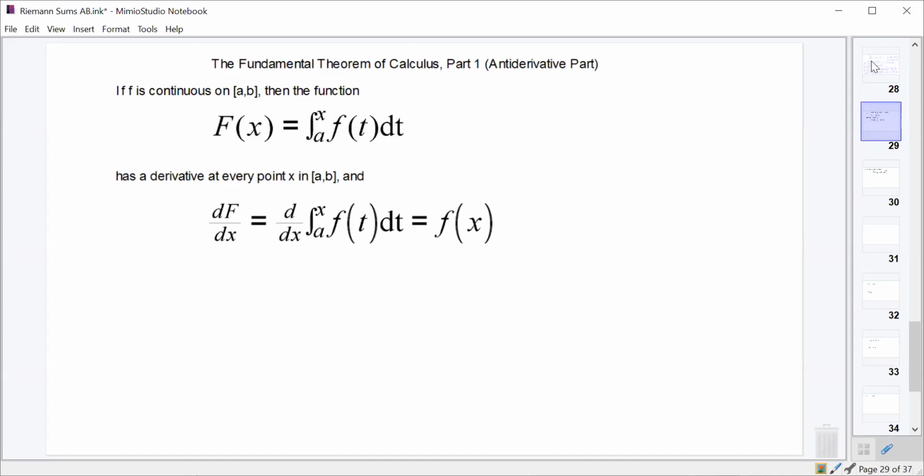So the first part of the fundamental theorem of calculus, which is sometimes called the antiderivative part, just tells us that the derivative and the integral are inverse operations of each other.